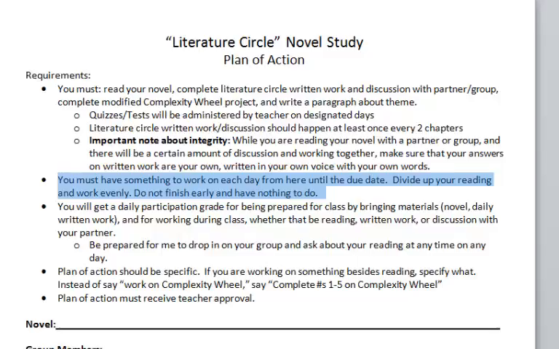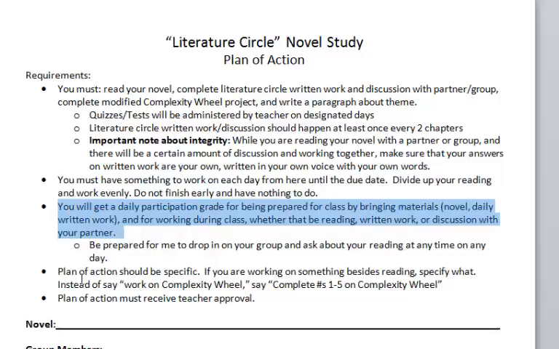Now, speaking of that daily participation grade, you will get a daily participation grade for being prepared for class and for working during class. Being prepared for class means that you have everything you need.